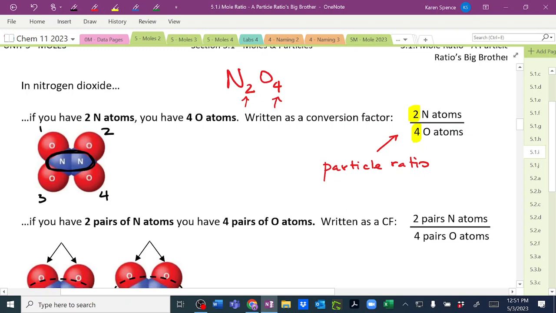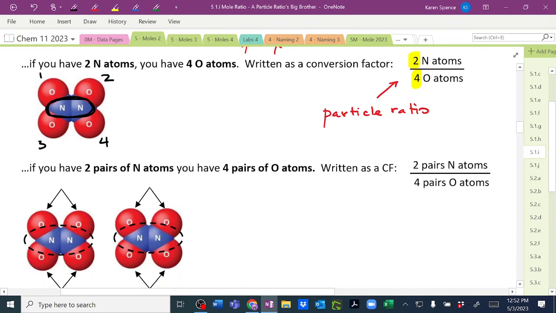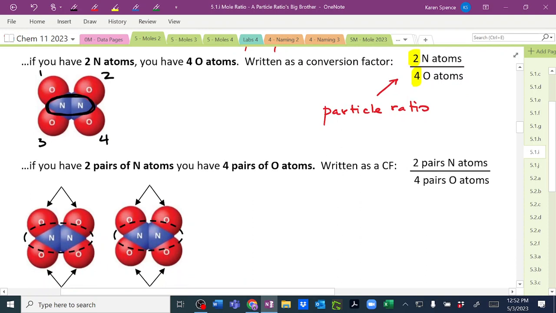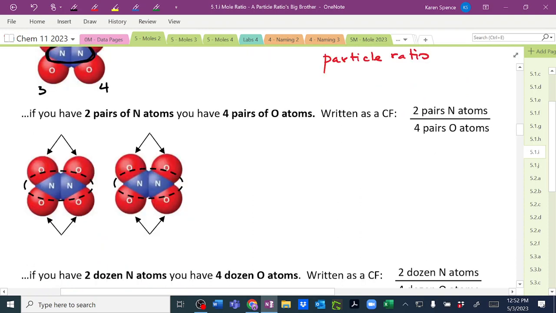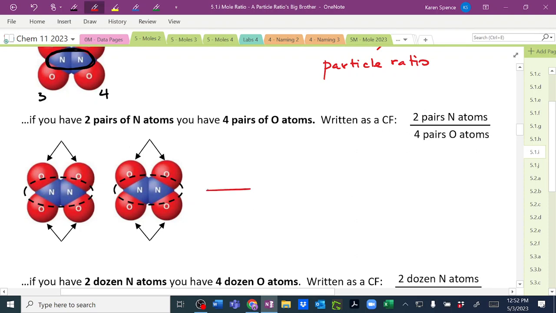Now, if we double everything and I give you pairs of N2O4 molecules, you can see here in the little dashed circles, we have 2 pairs of N atoms, yes, that's 4 N atoms in total.